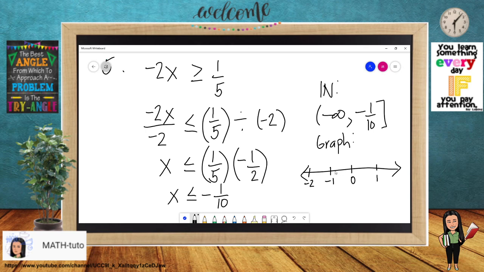So I'll divide by half, then divide this by 5, which is easier. Now we have 1 over 10. We will shade this using a circle, and then we shade to the left.